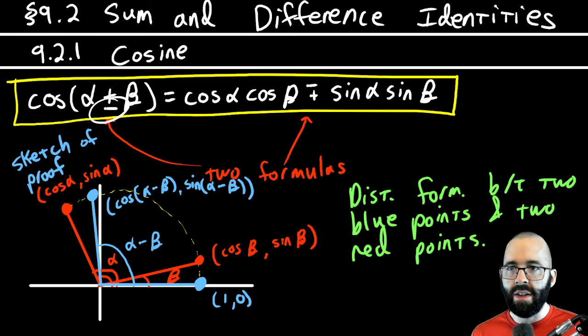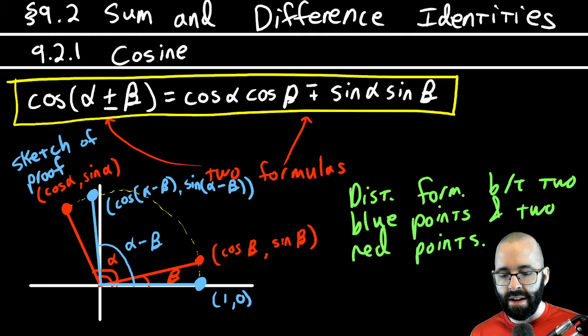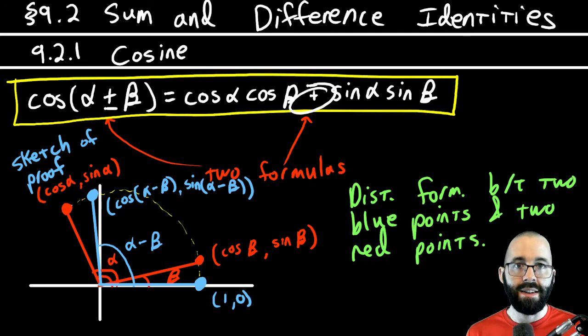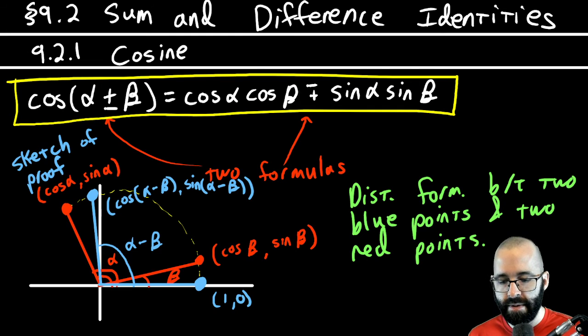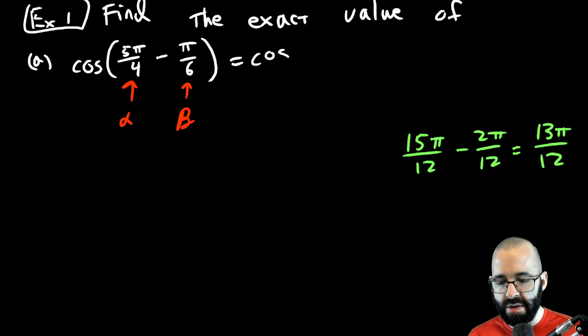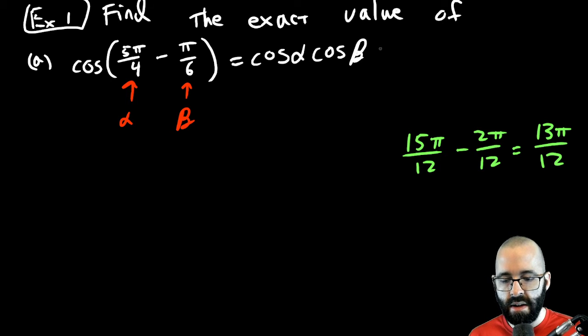So we look at only the things on the bottom. Cosine of alpha minus beta is blah, blah, blah with a plus. We look at the ones on the bottom, so we're going to have addition here. It's going to be cosine of the first angle times cosine of the second angle plus the sine of the first angle times the sine of the second angle.